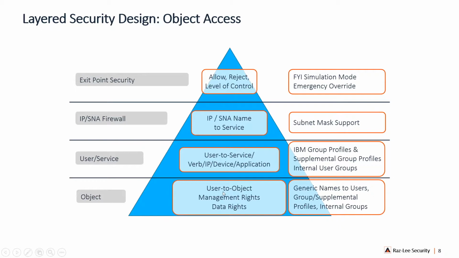Basically, this is the idea. So we have full control, and we can adjust it as per our needs. We have things which help us. One of them is FYI simulation mode. We are able to activate each exit point or the entire product in FYI mode.